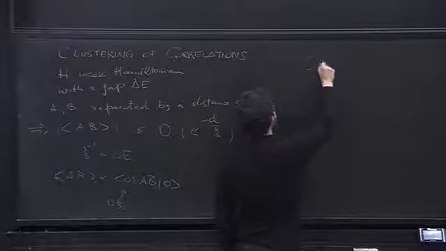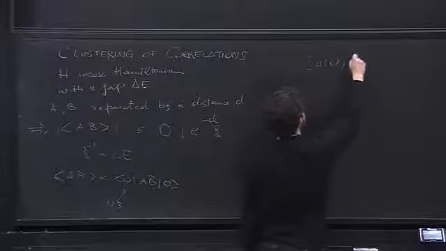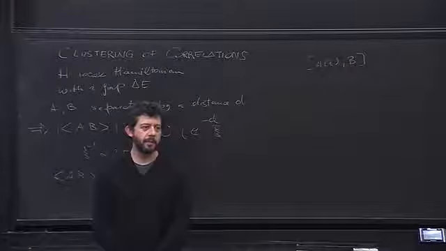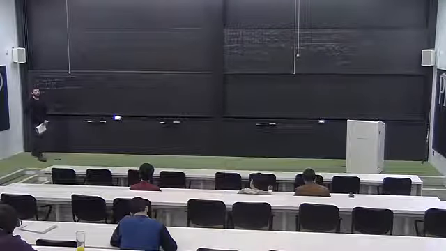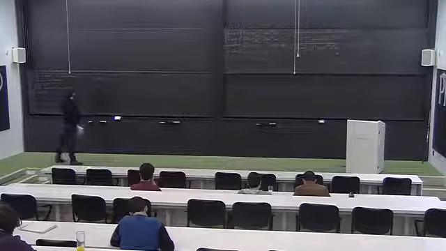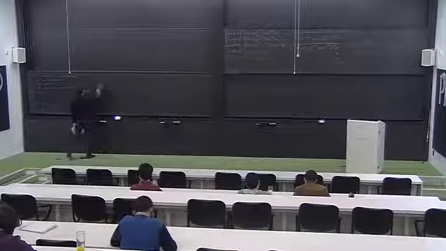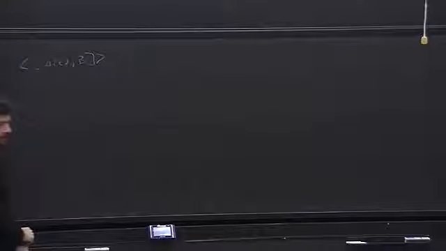We could start with the commutator of A and B, because this is the object that we have learned to handle through the Lieb-Robinson bounds. It's a simple exercise to show that in the energy basis, the expectation value in the ground state of this object has the following spectral resolution.